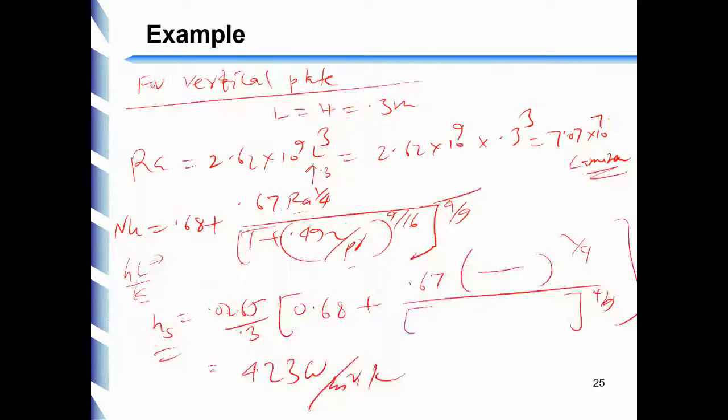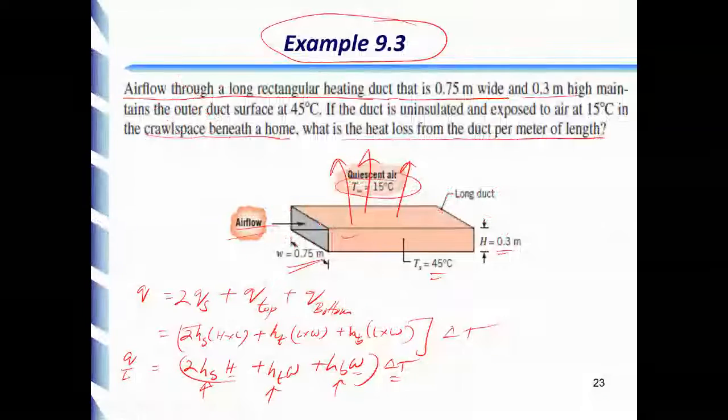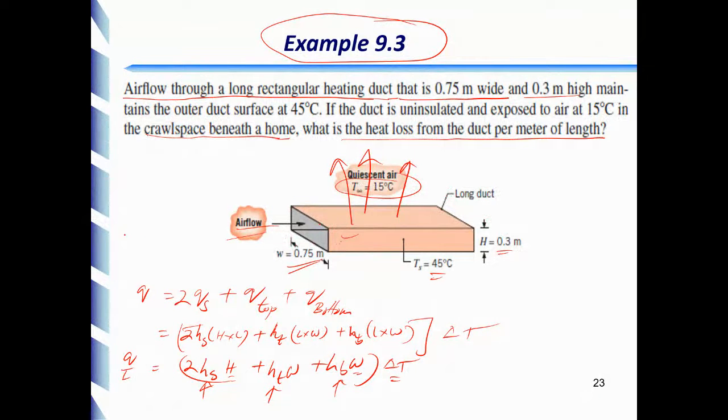Q equal to, so substitute here. Delta T we know, right? Delta T is 30. h_s we got 4.23. h_T we got 5.47. h_B we got 1.56.